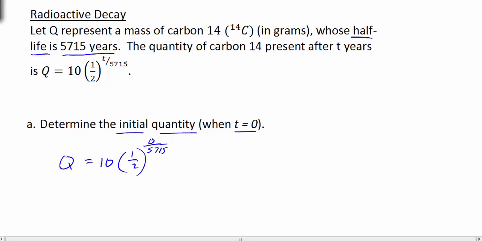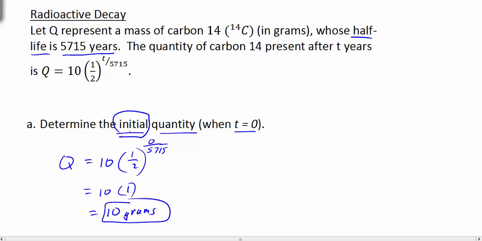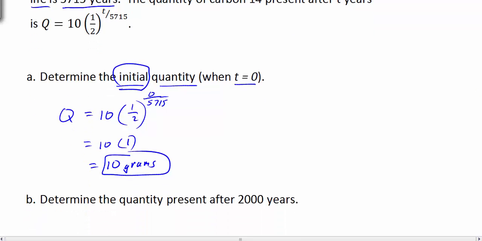If you take 0 divided by a number, this is just going to be 1/2 to the 0 power, and any number raised to the 0 power is going to be 1. So you're going to get 10 times 1, so the answer is going to be 10 grams. So 10 grams is the initial quantity that we have of this material. So that's what we start with.